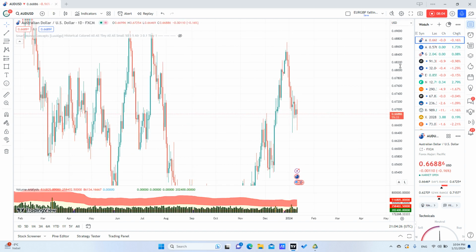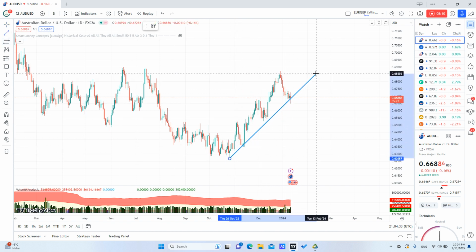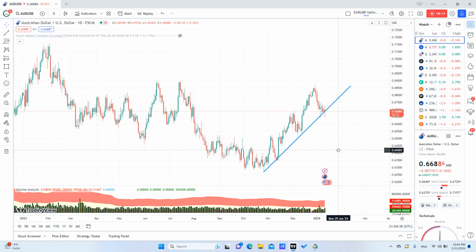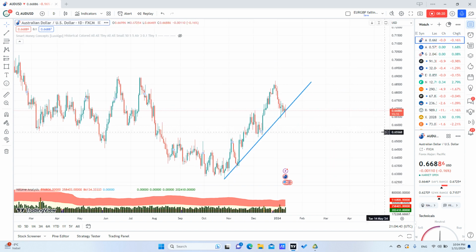We still have this trend line on the daily time frame, which normally works very well. Trend lines on daily time frames work very well, not like on 15 minutes or lower time frames.